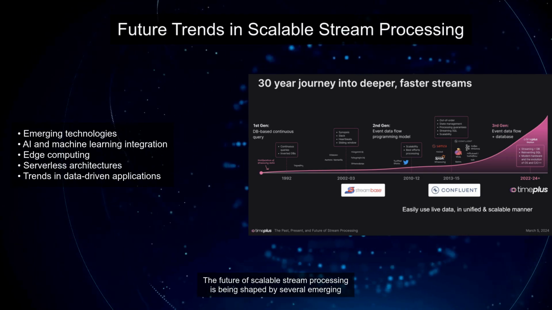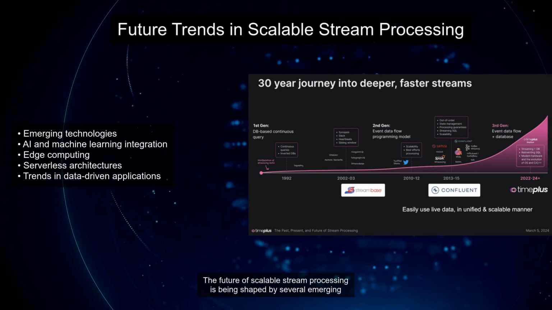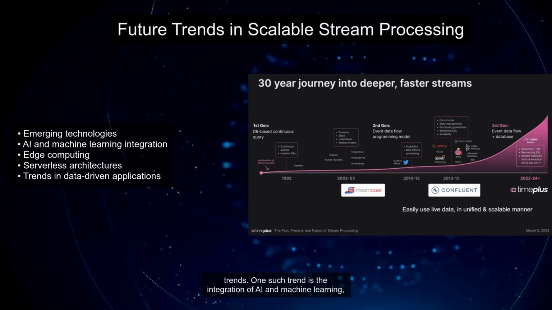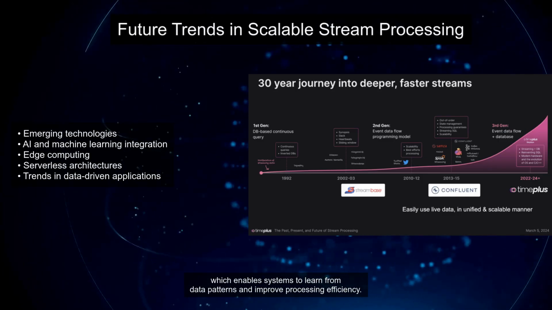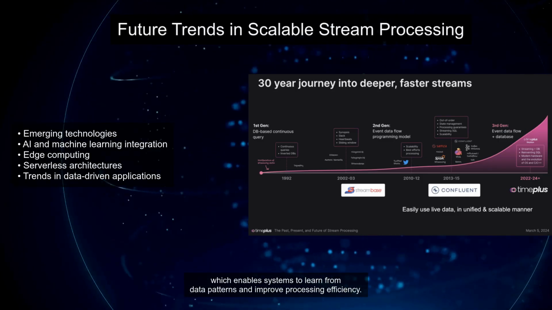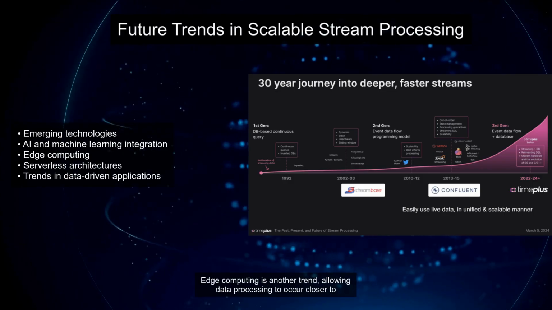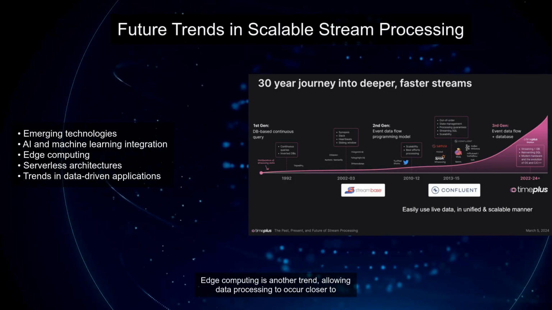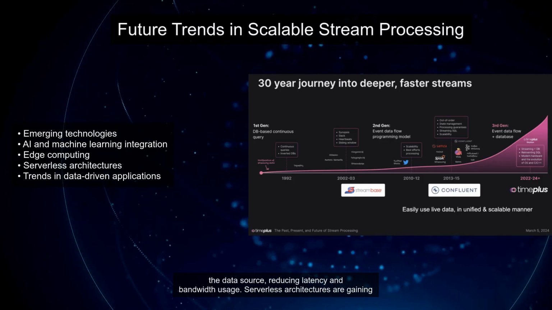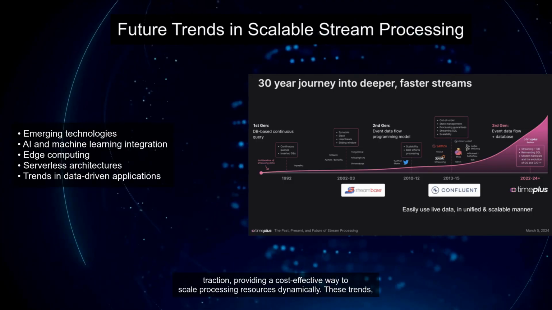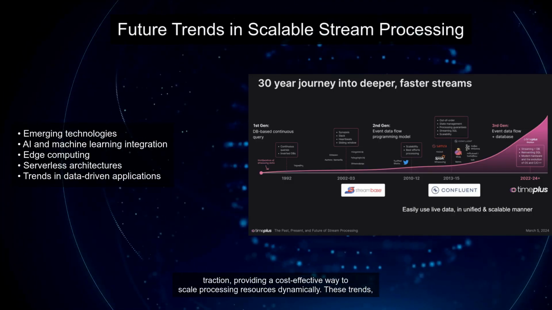The future of scalable stream processing is being shaped by several emerging trends. One such trend is the integration of AI and machine learning, which enables systems to learn from data patterns and improve processing efficiency. Edge computing is another trend, allowing data processing to occur closer to the data source, reducing latency and bandwidth usage. Serverless architectures are gaining traction, providing a cost-effective way to scale processing resources dynamically.